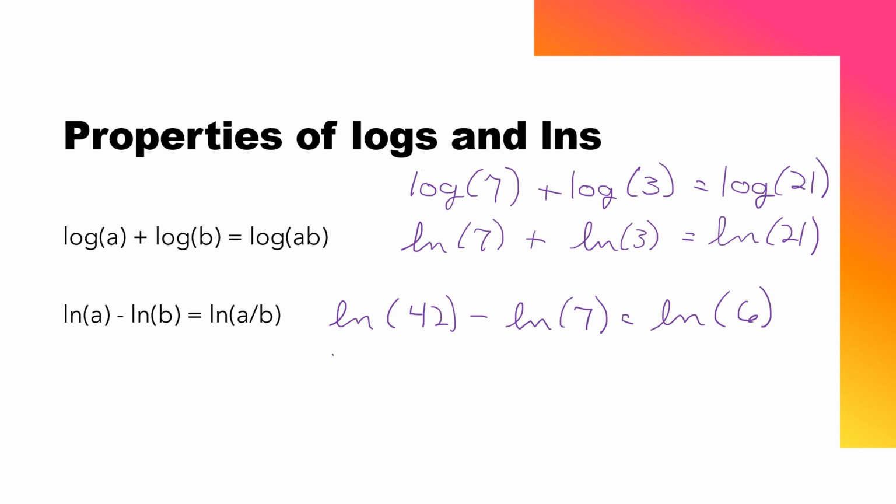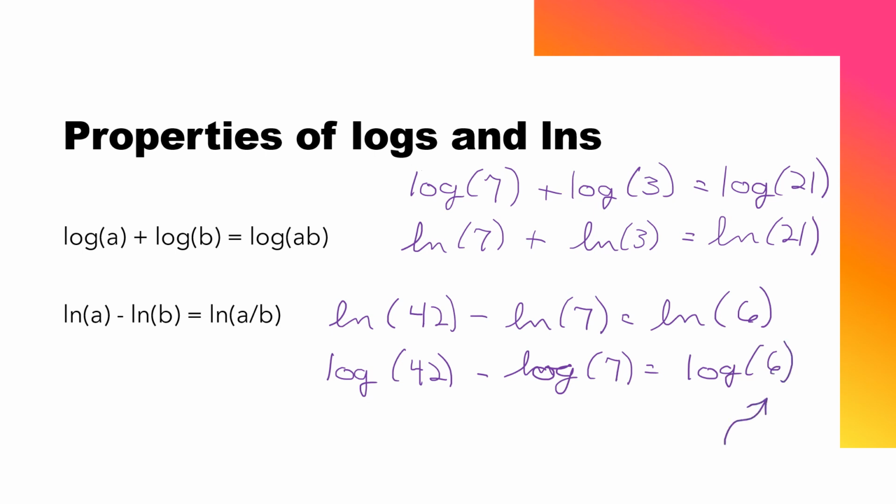Ditto with base 10 logs. If we had the log of 42 minus the log of 7, that would be equal to the log of 6, because 6 is 42 divided by 7. And up in the top, 21 is 7 times 3. All right, that wraps it up for logs and natural logs.